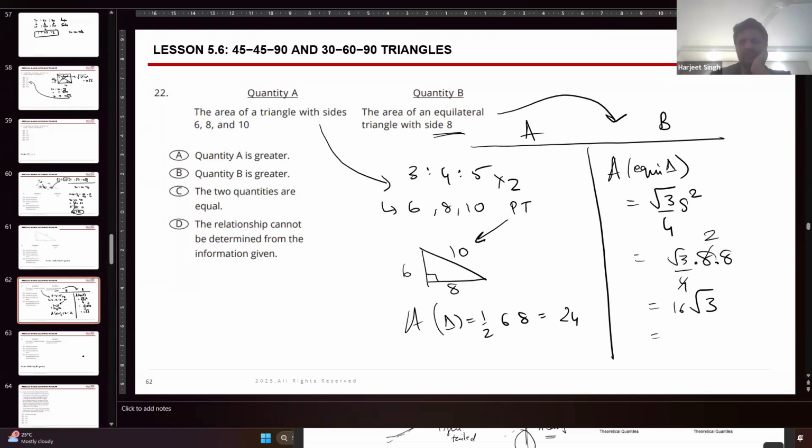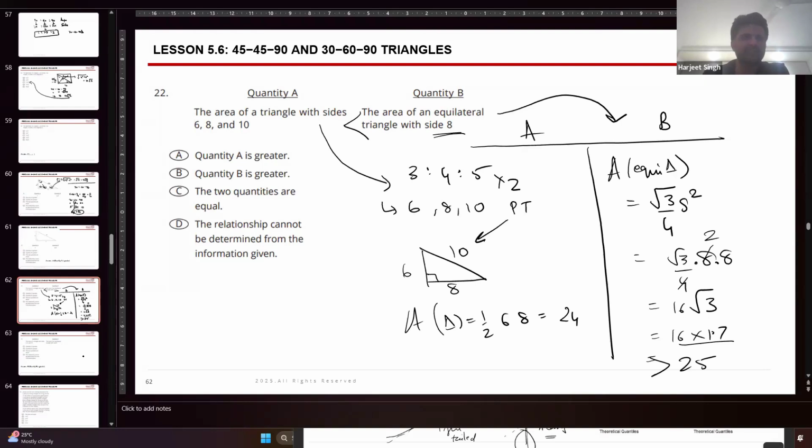And root 3 is 1.7 something. And 16 square we know is 256. So this will be greater than 25. And hence answer is B is greater than A. So again, I'm not calculating 16 into 1.7.